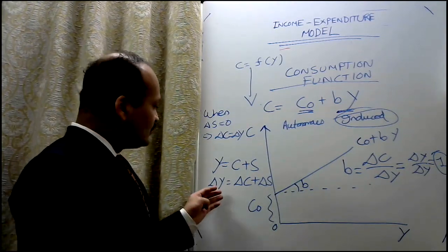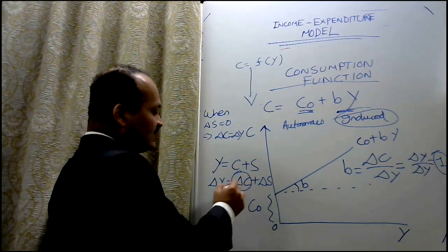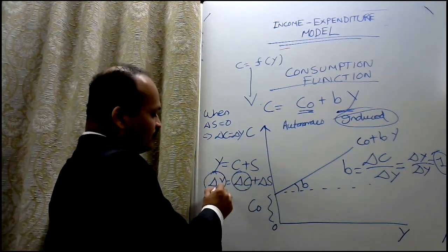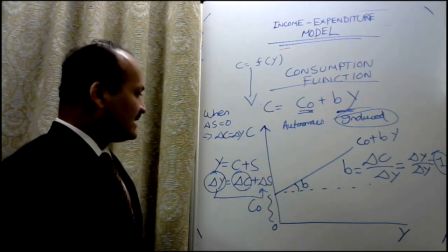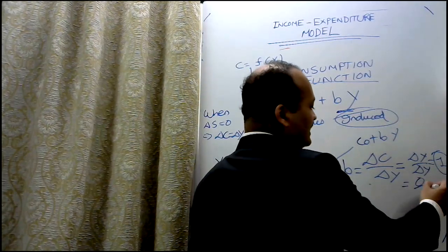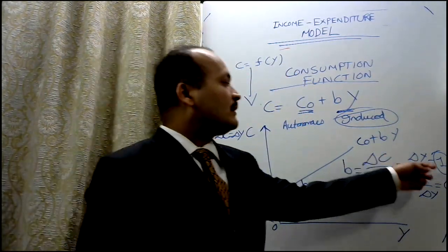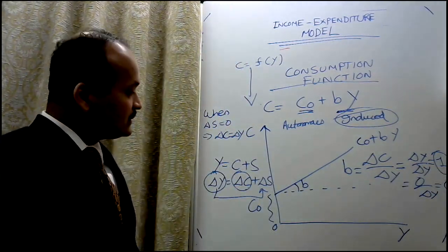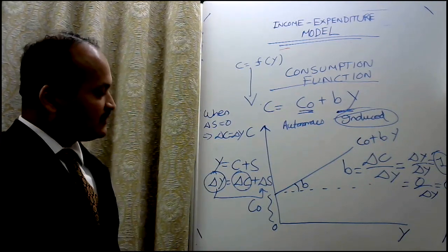And what would be the minimum value? It can be the other way around, that del C is 0 and the entire change in income is used for savings. In that case, del C will be 0, so del C by del Y will be 0. So B will lie between 0 and 1, and B has a specific name.